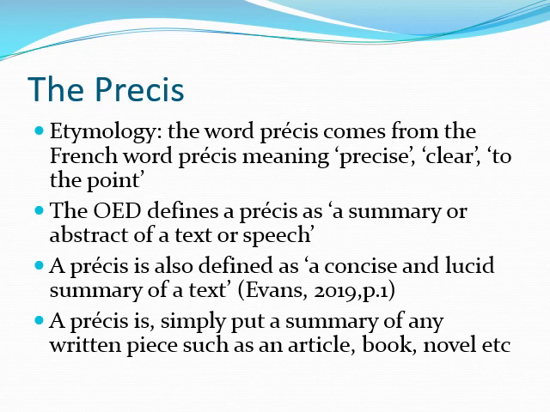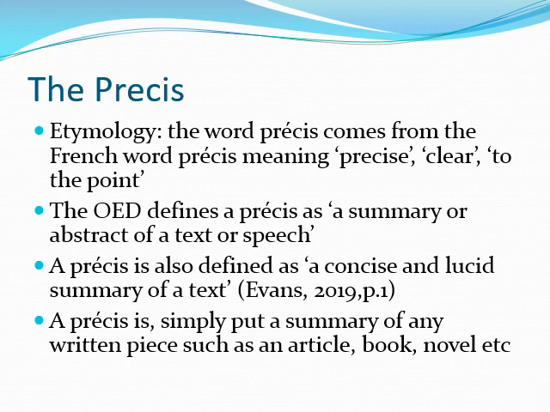Again, another definition, just like the summary from the OED, defines precis as a summary or abstract of a text or speech. A precis is also defined as a concise and lucid summary of a text.